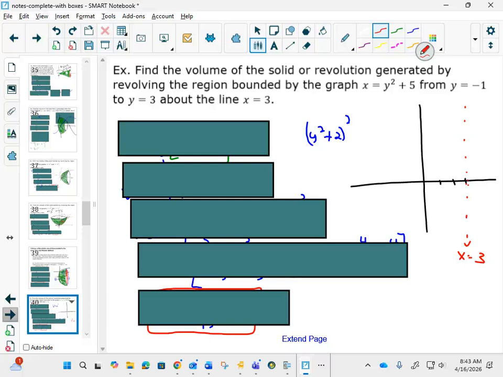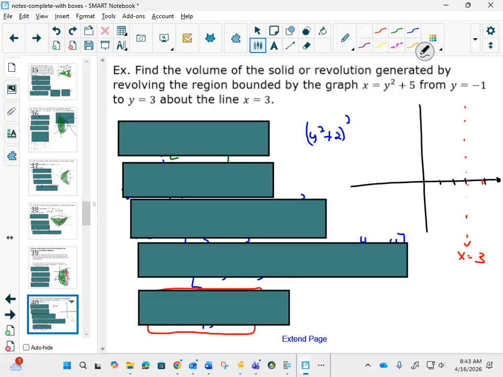Okay, so I should have drawn my graph a little bit better, but x equals y squared plus 5. That's going to be a parabola. When x is 0, sorry, when y is 0, x is 5. And it's going off my graph there. Didn't do a really good job of graphing this.